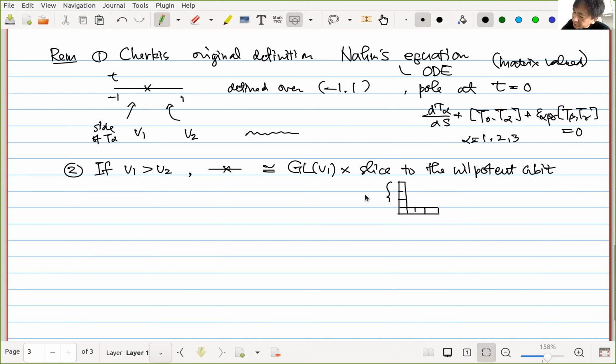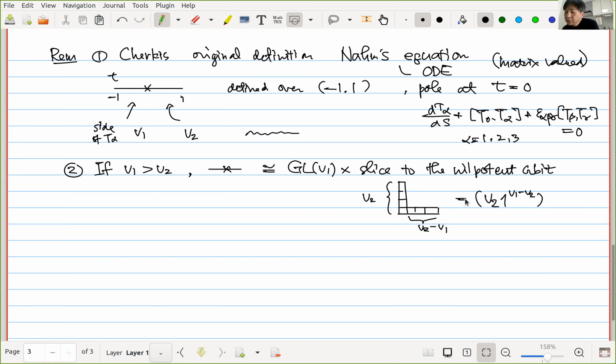So this is V2, and this is V2 minus V1. So you have a big block of size V2 and all the other ones, right?